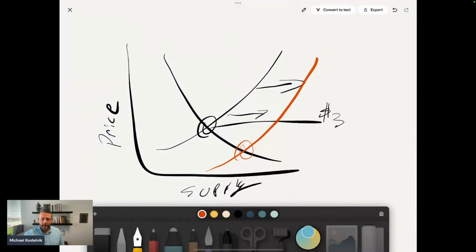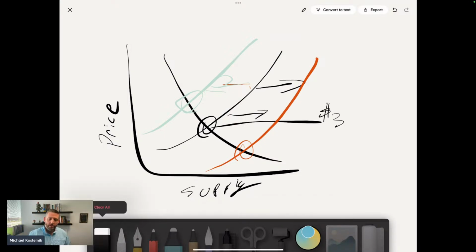But if on the other hand the supply goes down, we'll make this blue, then there's less of it. We get to sell it at a higher price. So this law of supply and demand controls everything in economics.